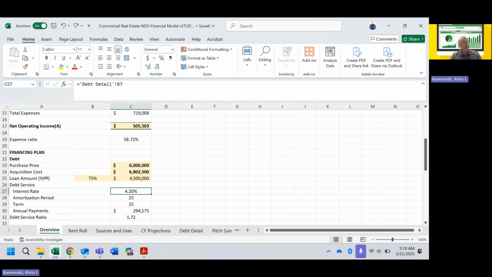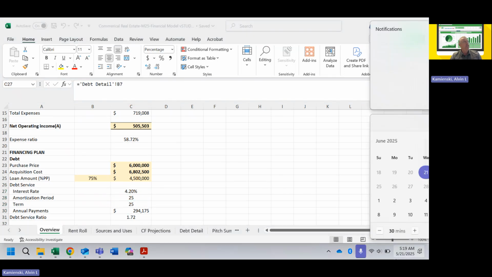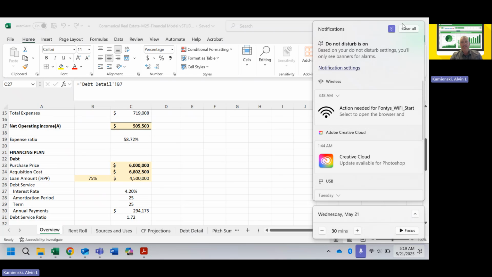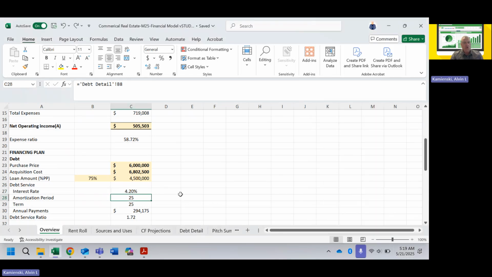Now interest rates are much higher, but what this suggested is at a 4.2% interest rate, after we've paid for the operations of the building, we had $505,000 left over. Roughly $300,000 next goes to the banks to pay for the debt service.